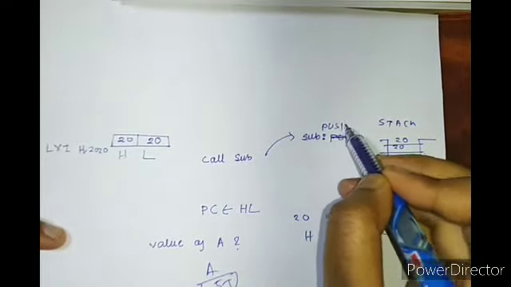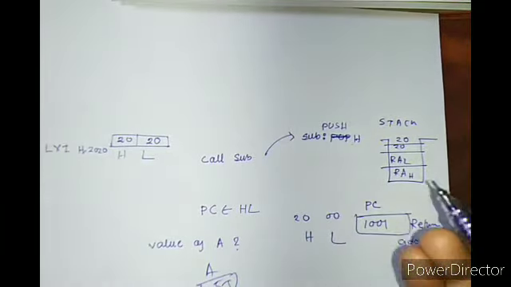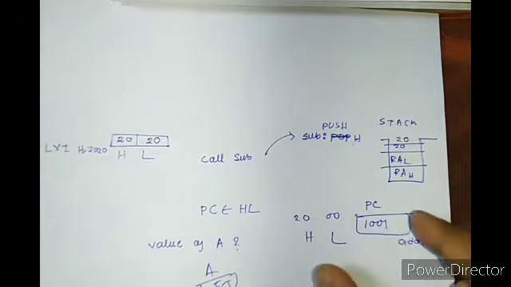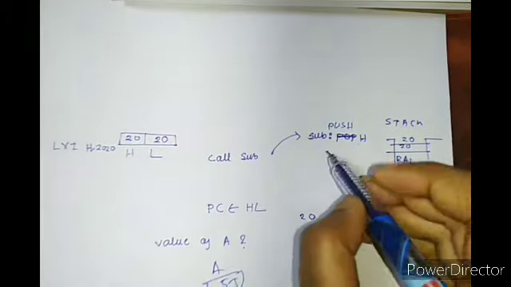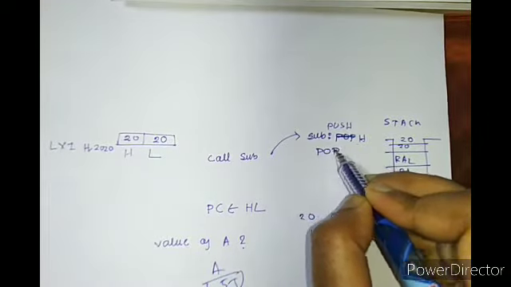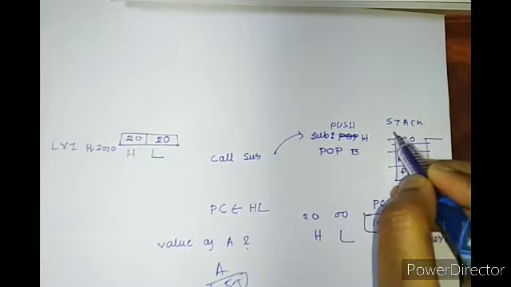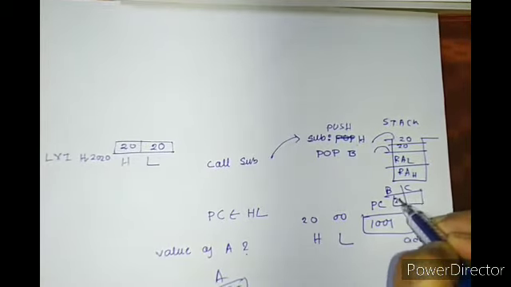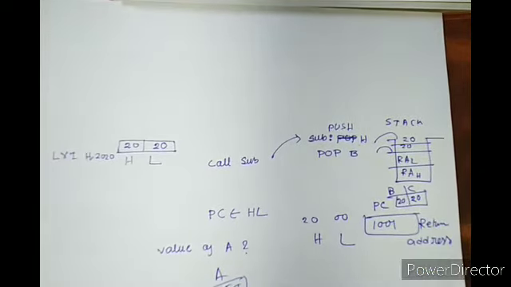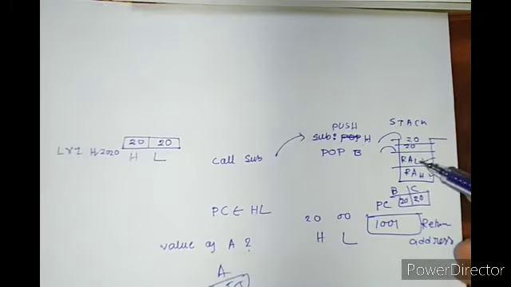Now I want that data to get out also. Suppose I can get that data in the BC register. So we will just do POP B, and BC will get the data 2020.